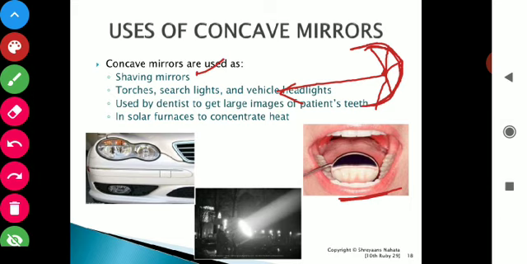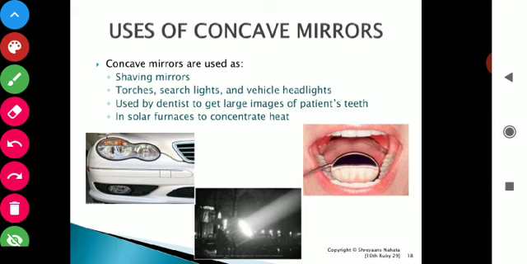So students, after striking the concave mirror, all the lines will become parallel, and it gives a parallel beam of light. So these are some of the uses of the concave mirror. You can write it down.